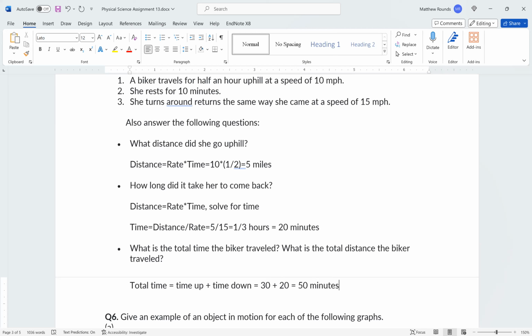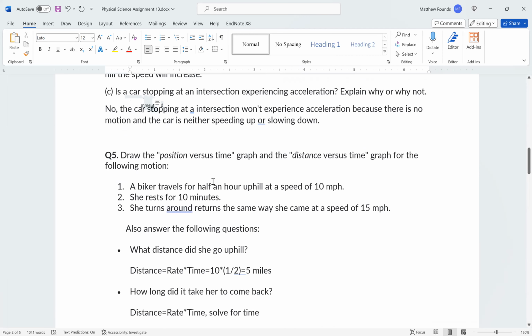Very good. And then the total distance: you have the distance there and the distance back, so 5 plus 5, or 10 miles.